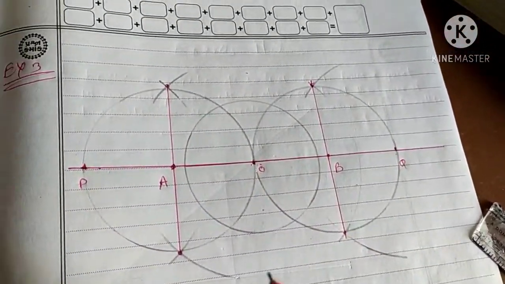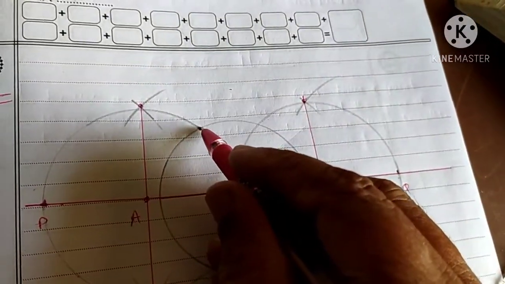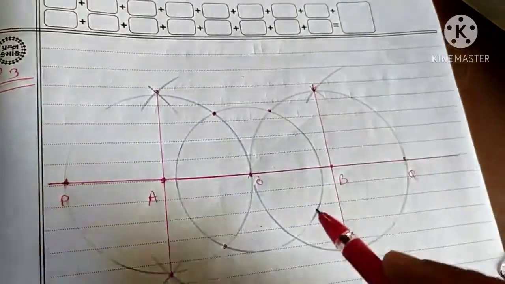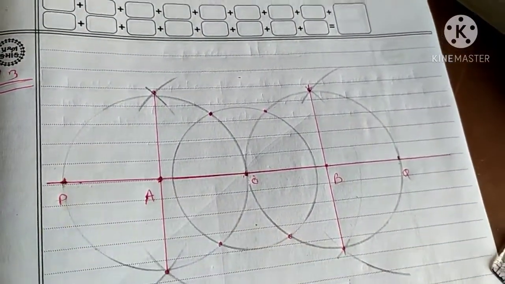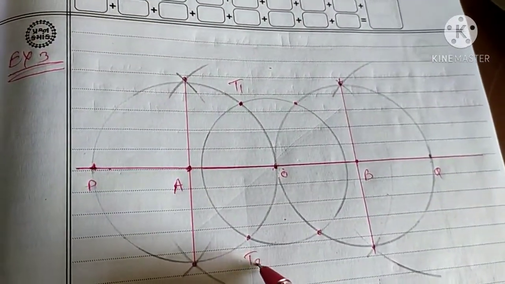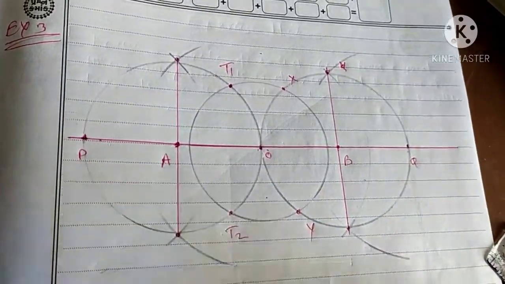See, both circles are intersecting the given circle of radius 3 centimeter at these points. Yes or no? Now, say these points are T1, T2, and this X and Y.